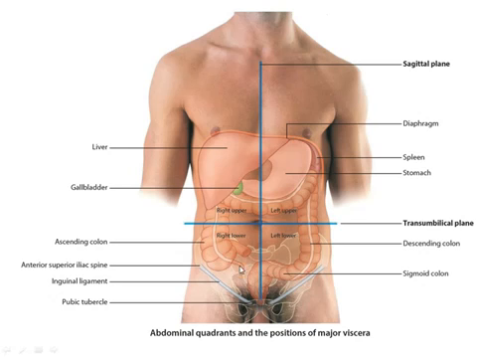Over here the appendix and the cecum are present, and part of the ascending colon is also present in this quadrant. In the left lower quadrant the sigmoid colon is present, along with part of the descending colon, and in the pelvic cavity the rectum is present.